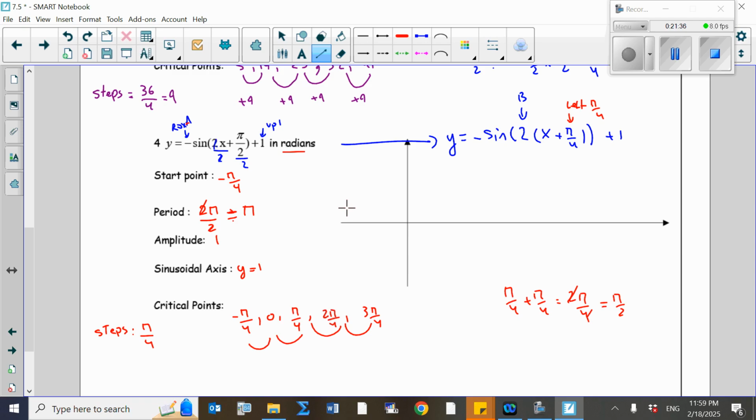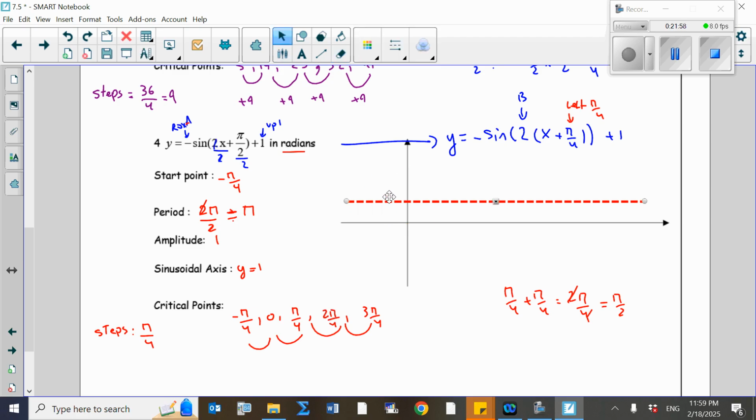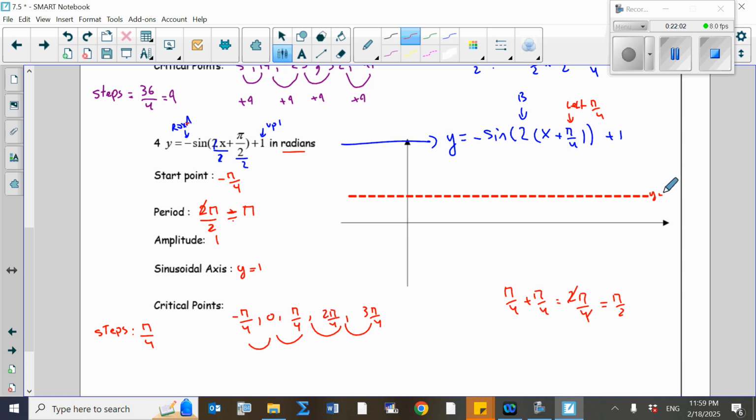Sinusoidal axis is at y equal to 1. The highest point, you go from the sinusoidal axis 1 up, so at 2 is the highest point, and 1 down at 0 is the lowest point. Let me graph the function with a different size so it looks better. So I consider the y equal to 1 here, y equal to 1 here.